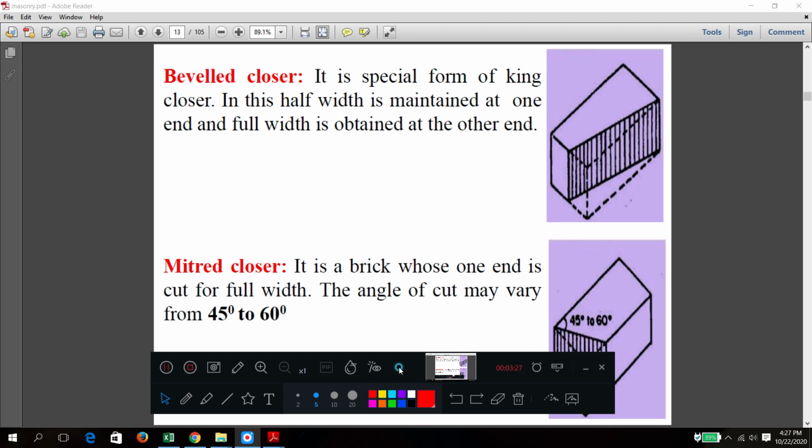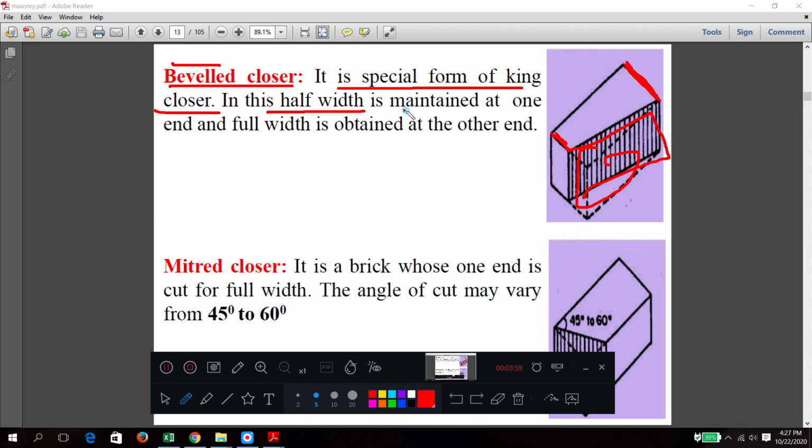What is this beveled? Just see this diagram. Here you cut the brick keeping one side width full, another side width half. I hope you are now understanding. You are removing this portion. So these are called beveled closers. It is a special form of king closer.